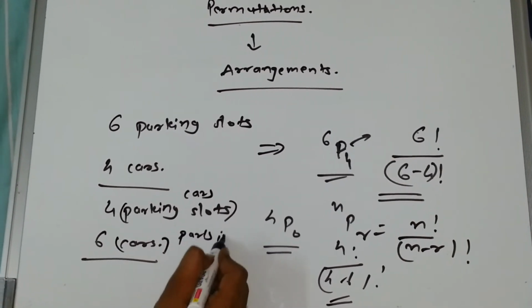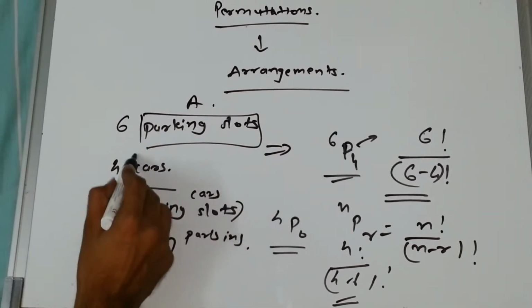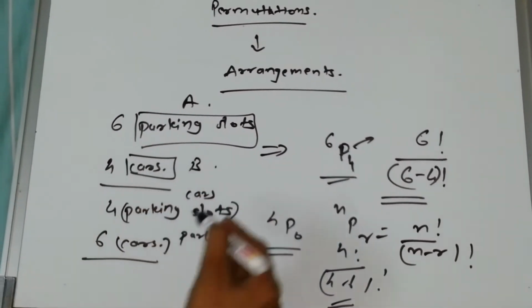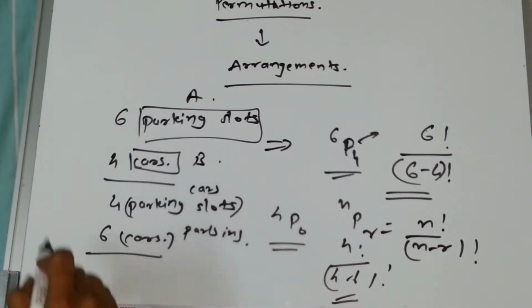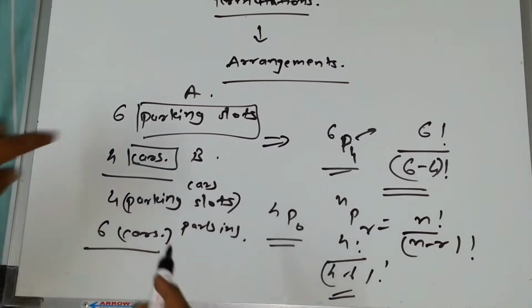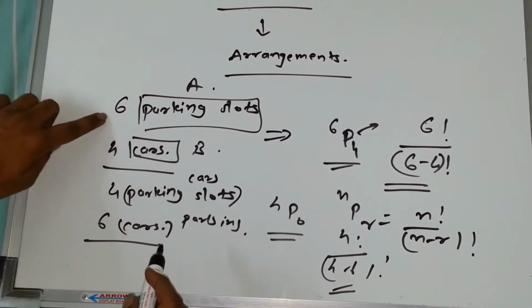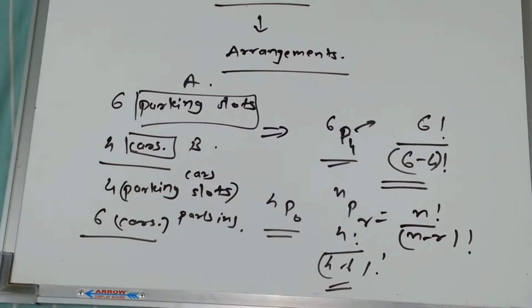This is like, let us consider this box as A and this as B. So similarly, I am just interchanging the names and nothing else. So we'll be having the same answer, that is of 6P4. It doesn't matter if there are 6 parking slots or 6 cars, or 4 parking slots or 4 cars. The answer will be 6P4.